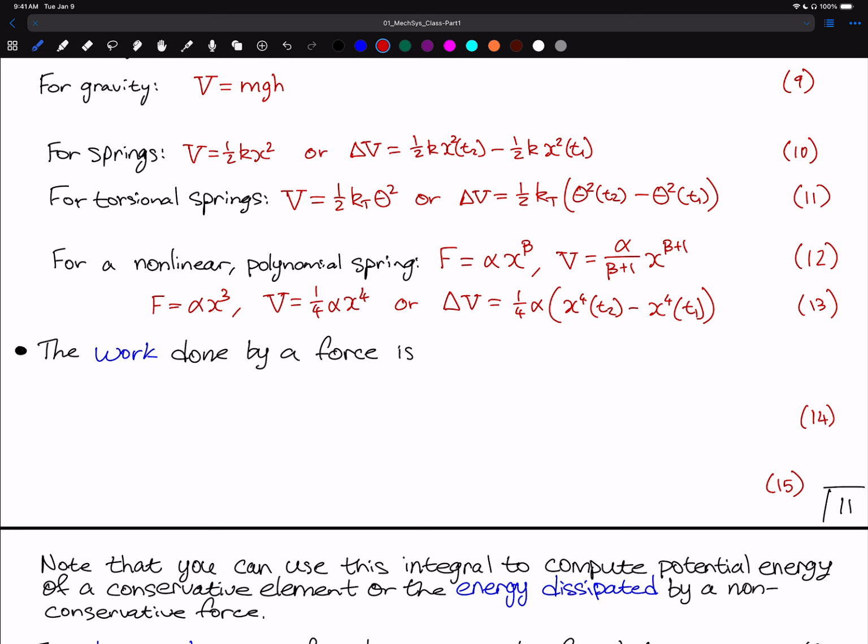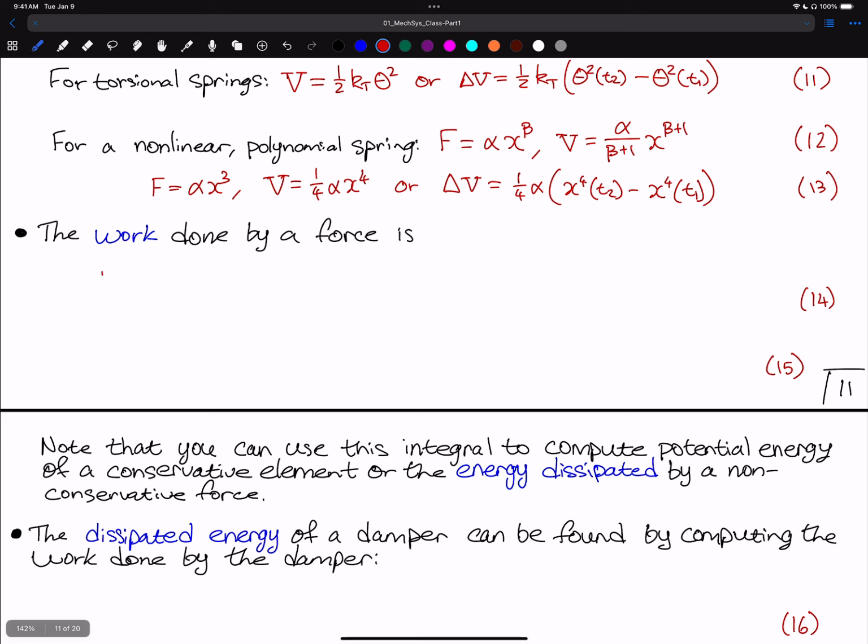Okay, so the work done by a force from time 1 to 2 is going to be equal to the integral from position r1 to position r2 of f dotted with dr. We can expand this into an integral from time 1 to time 2 of f dotted with dr/dt times dt, which is equal to the integral from t1 to t2 of f dotted with r dot dt.